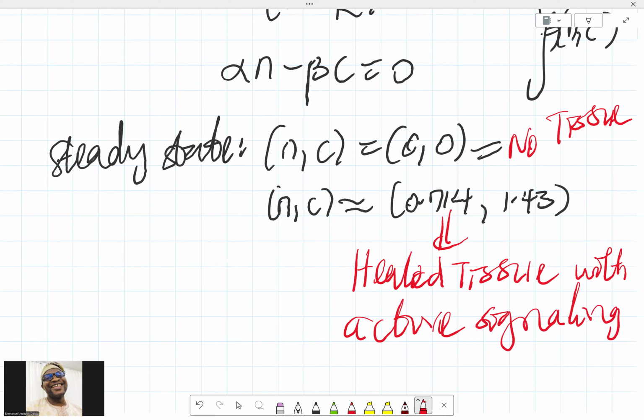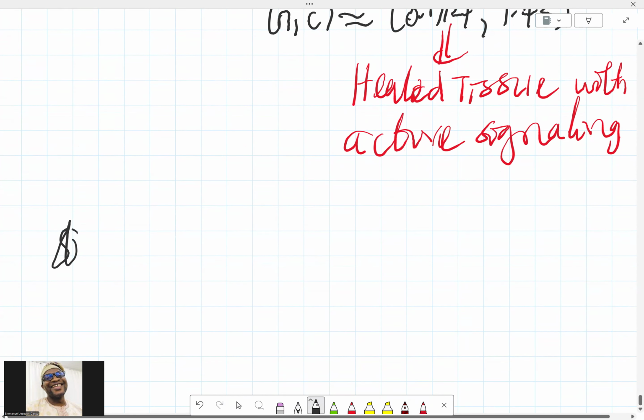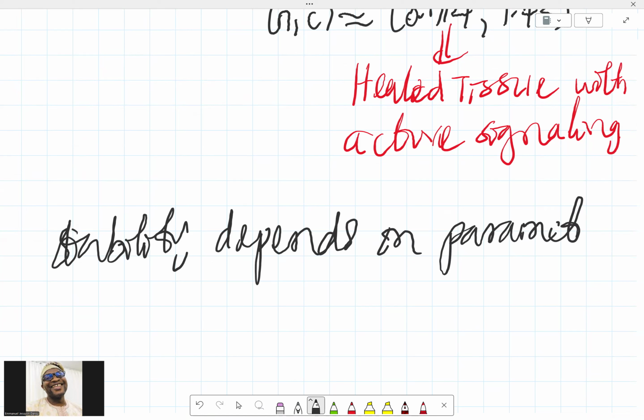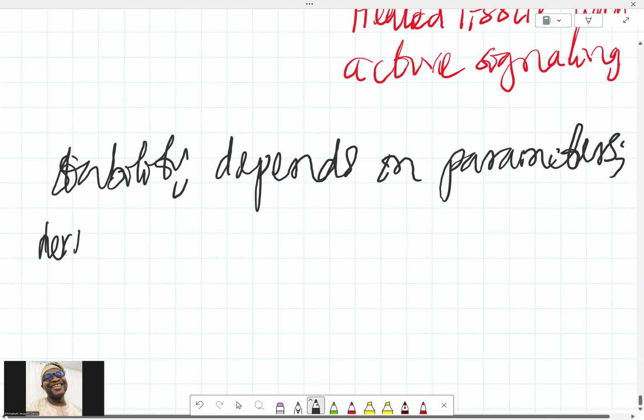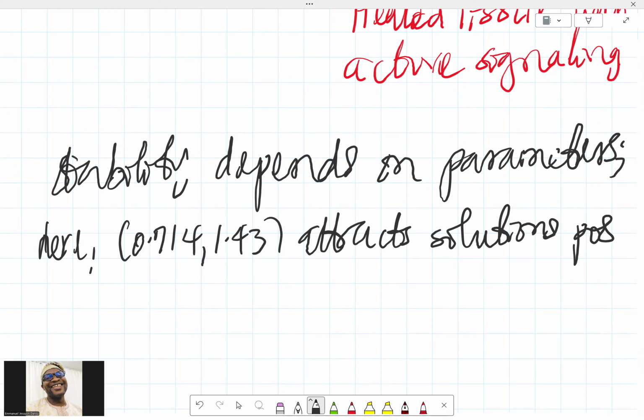And then stability depends on parameters. So the kind of parameters they use will determine how the stability looks. Here, 0.714 and 1.43 actually attracts solutions post healing.